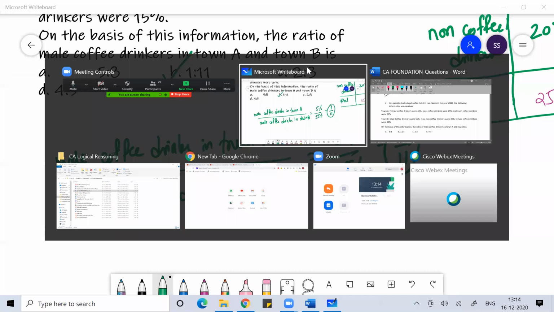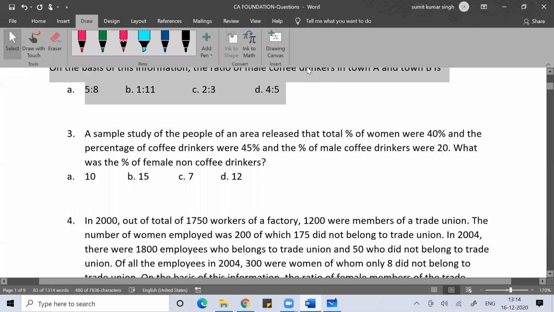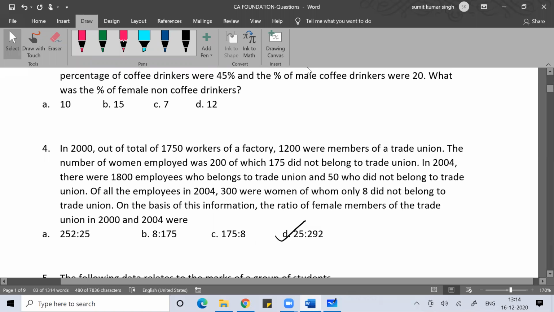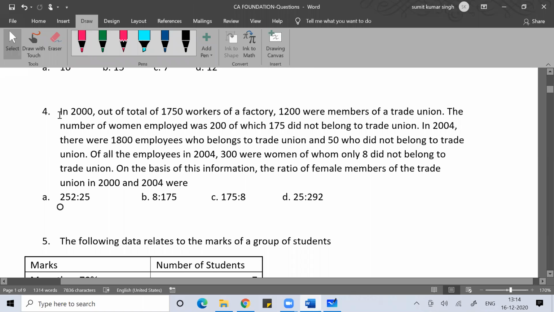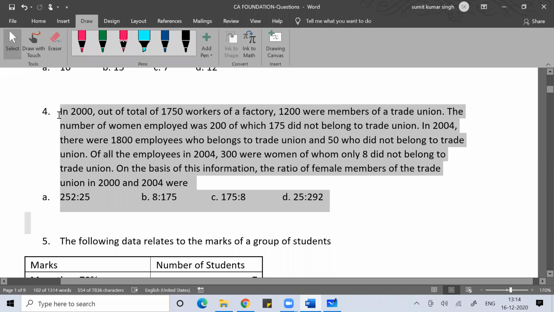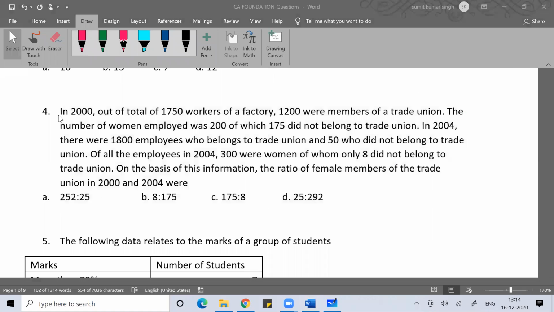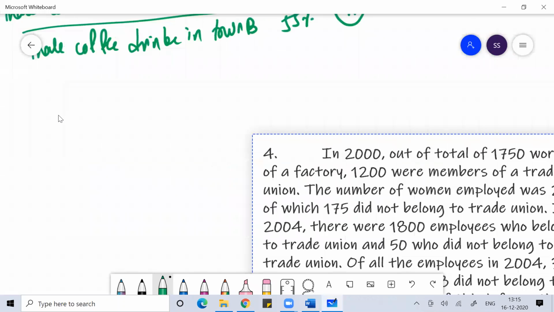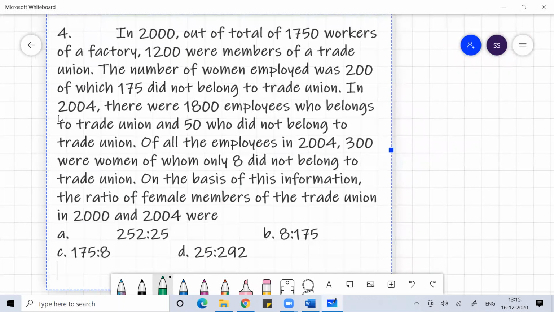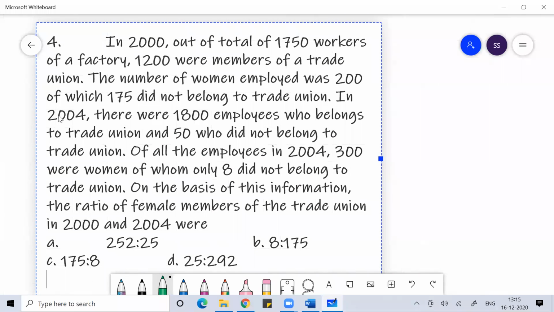Okay, everyone. So try this question number 4. Now try this question number 4, everyone.